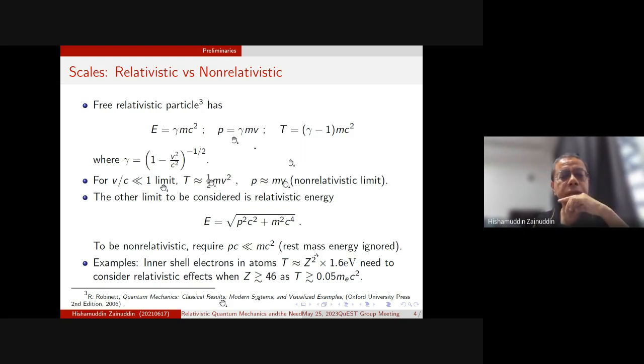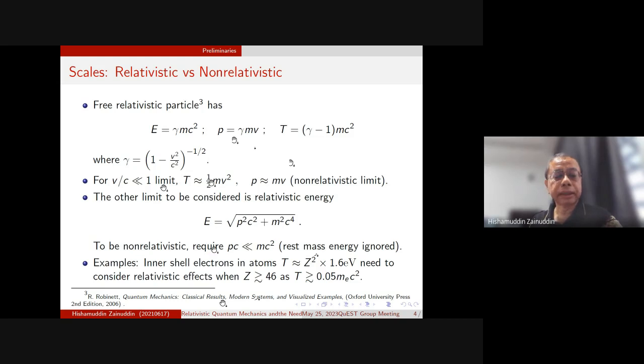Besides looking at the comparison of the velocities over here, sometimes it's also good to consider the relativistic energy, and then compare this to the case where it's supposed to be non-relativistic.